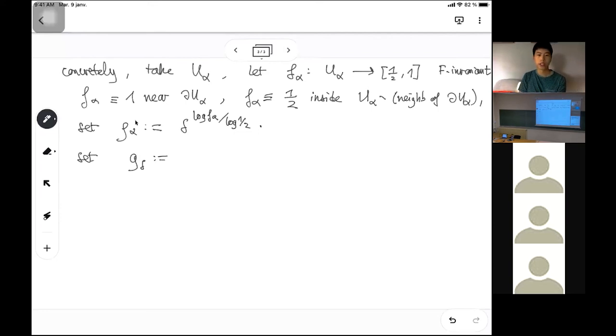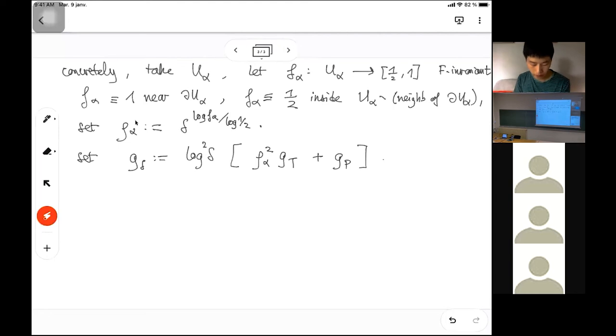So the metric G delta, you write it like this. And you can check that this is okay. A remark here. In the standard rescaling trick where there's only, say, one killing field, all you care about is this tangential part and you rescale by delta square.